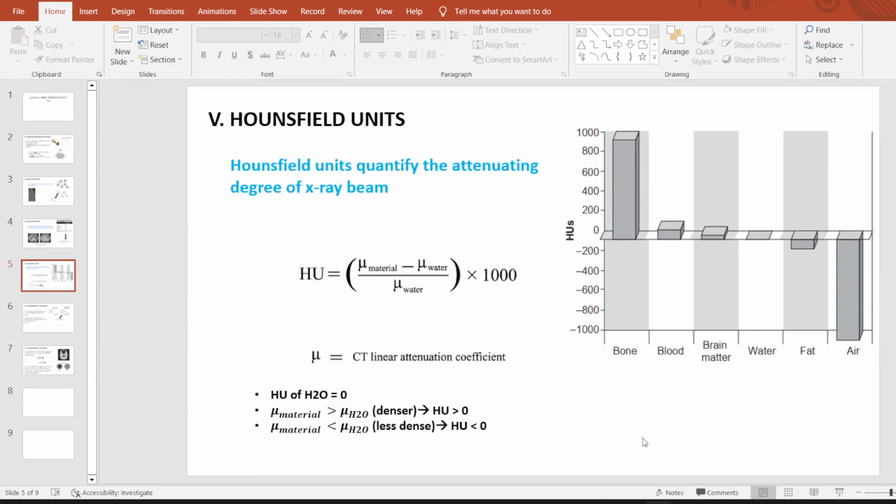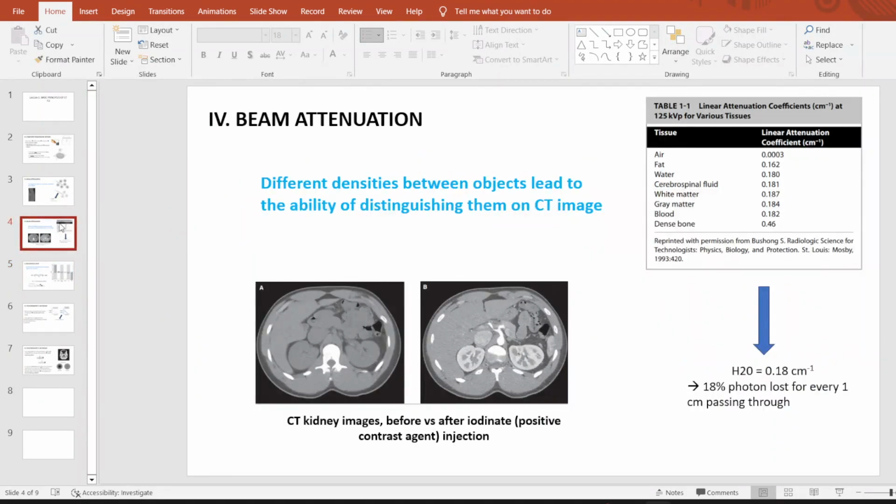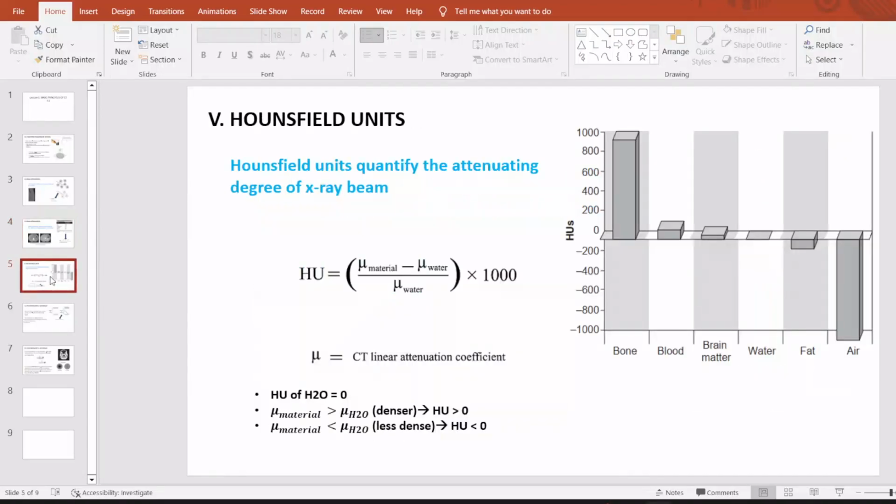The difference between Hounsfield units and the linear attenuation coefficient is that the Hounsfield unit can have negative values, my friend. For example, air is labeled as minus 1000 Hounsfield units, meanwhile bone has 1000 Hounsfield units.